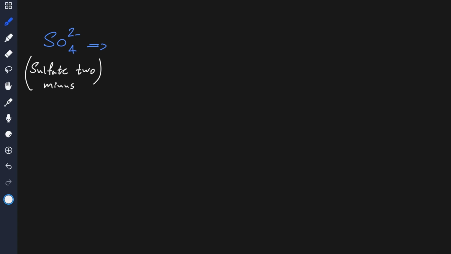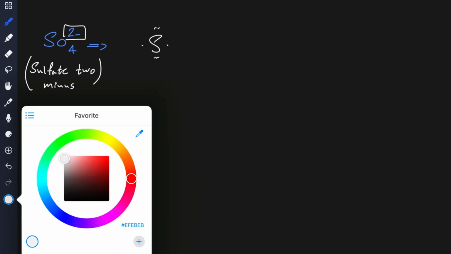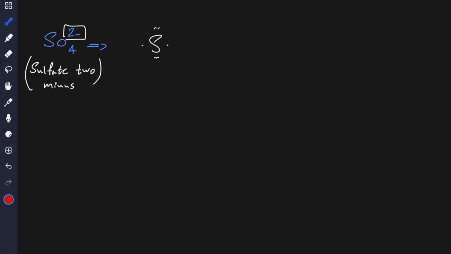Sulfate, SO4 2-. So S has 6 valence electrons. 2- means SO4 takes 2 electrons. So it means S makes this structure with 8 valence electrons.